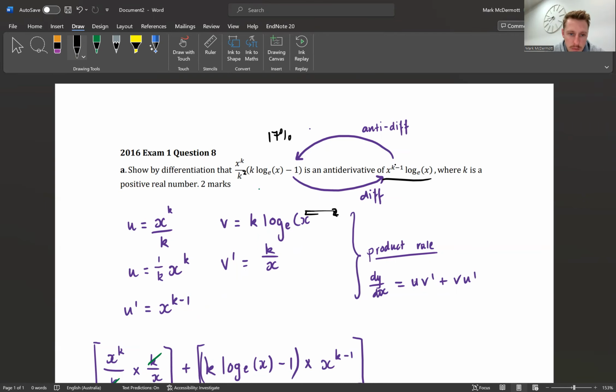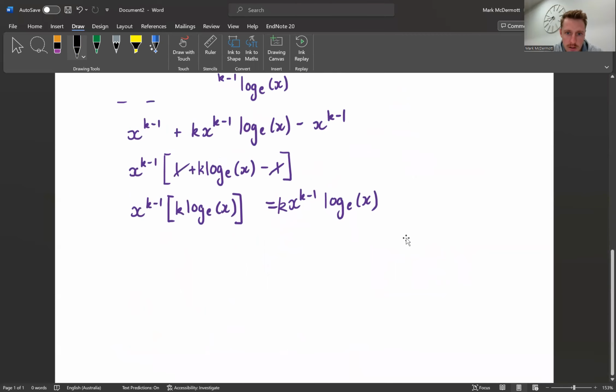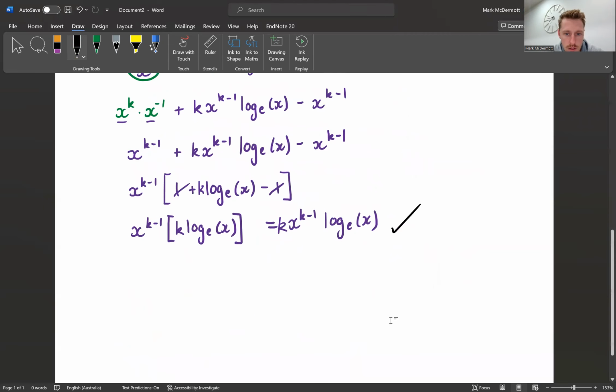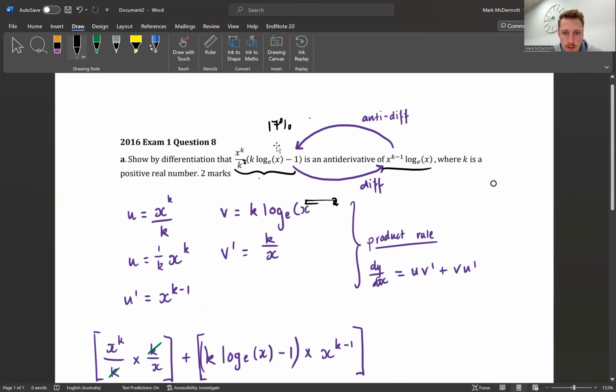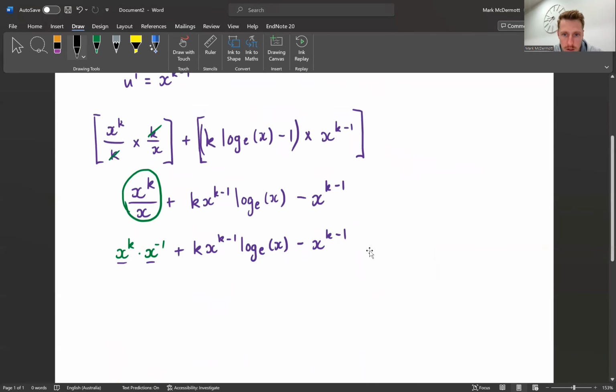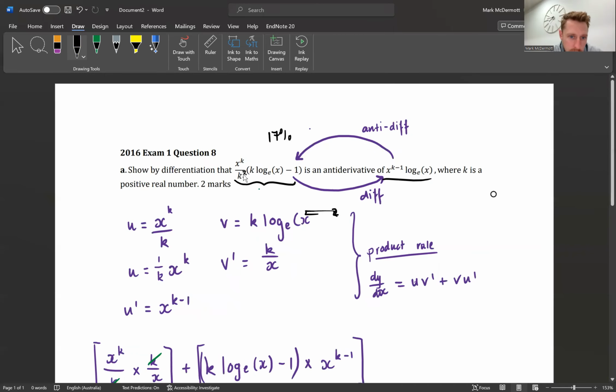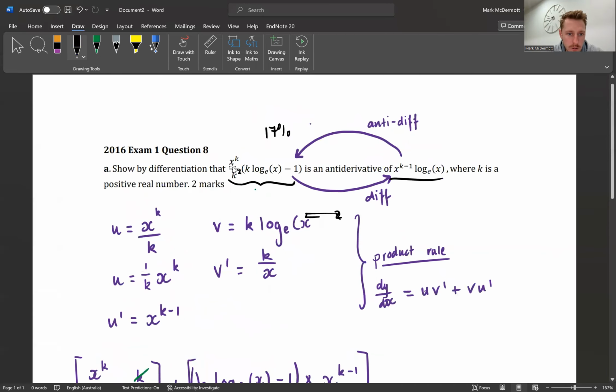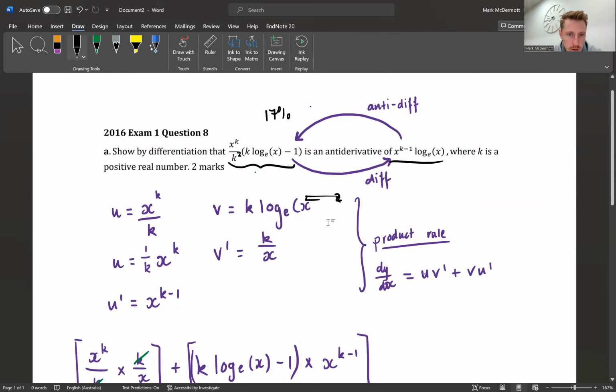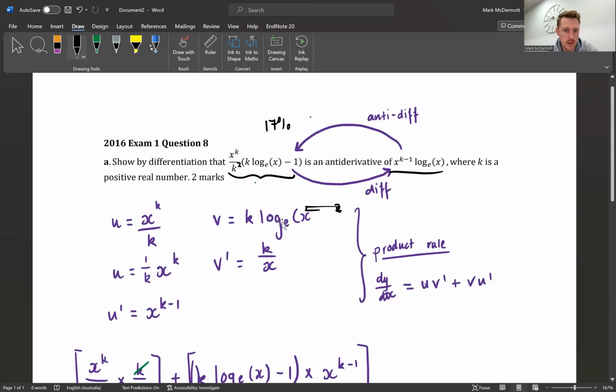However, I've checked that when the k isn't squared and we do all this working out, this is the right answer. So that's right for what we did. It's not right in terms of giving us this as the answer, but that's the correct answer for that working out when that's not squared. But if you look at the 2016 exam paper, that k in the denominator is squared, which when you differentiate gives you that. So we've answered a slightly different question, but the same skills are needed. So it is what it is.